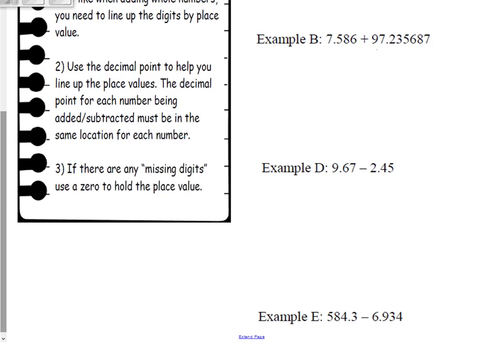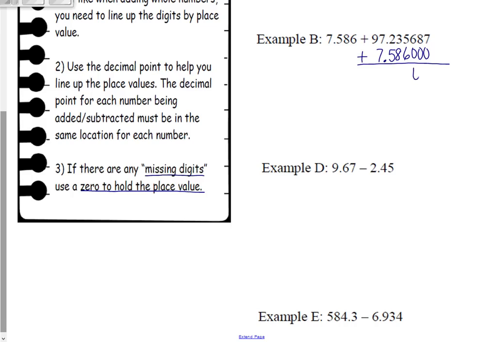I'm going to line the 7's decimal point underneath it, and that would be read as 7 and 586 thousandths. And if you recall, it says over here, where there are any missing digits, use 0 as placeholder. So we're going to add 1, 2, 3 zeros here. And now we can add.